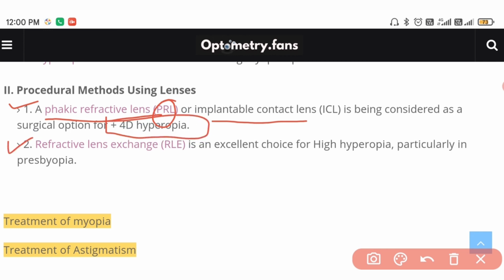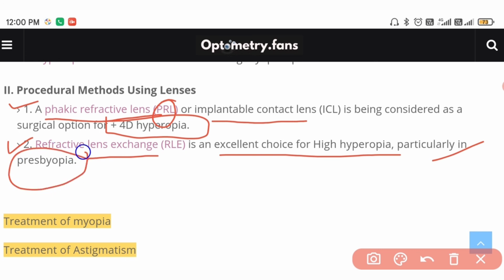Next is refractive lens exchange, an excellent choice for high hypermetropic patients, particularly in presbyopia.